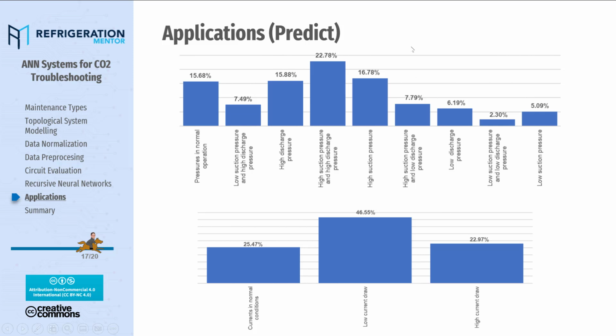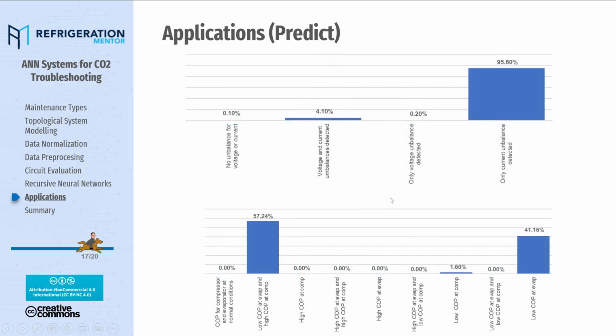In this slide, we can see different probabilities of occurrence of some events based on the input information. We can see this event has a high probability. Also this one, the low current draw, and in this one, for example, we have a low COP at the evaporator and high COP at the compressor.